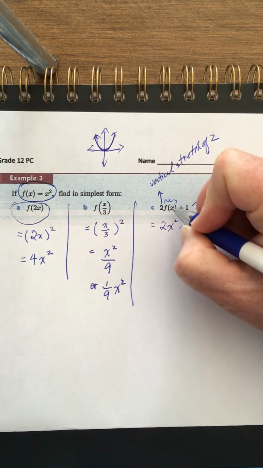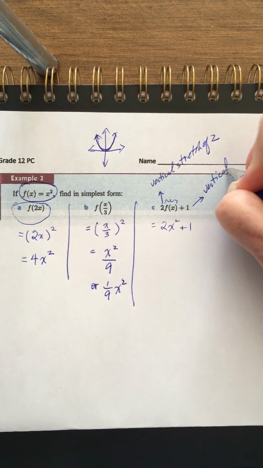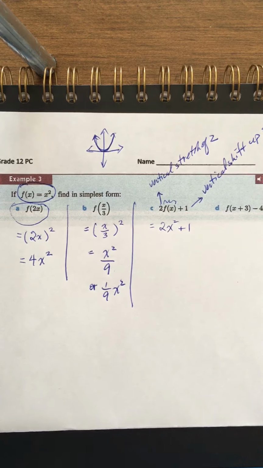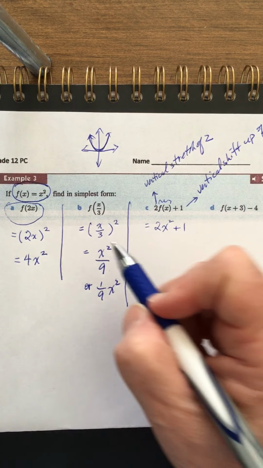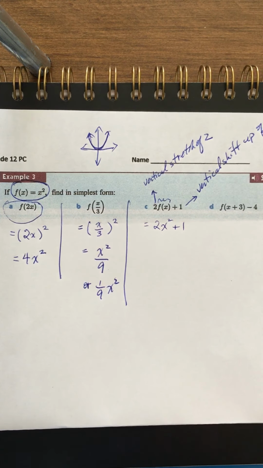And doing what we're doing to this function, that's a vertical shift up of 1. So when we're doing something to that f function, that's what we're going to think about, whereas over here, we're just going to substitute in whatever is in the bracket where the x was.